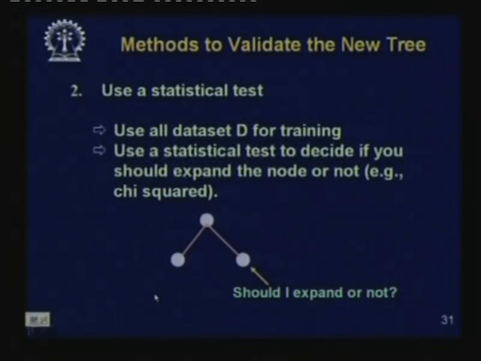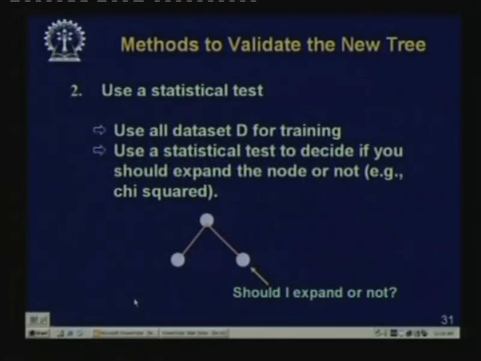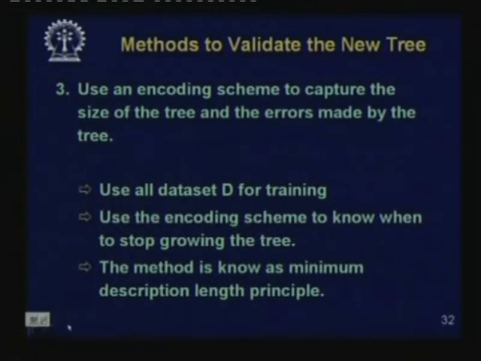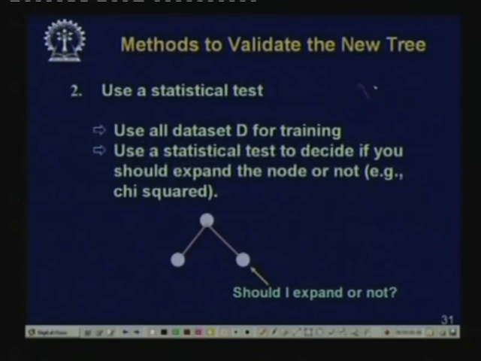The second method uses a statistical test and does not use a validation set. So, this method can be used even when you do not have enough data to keep aside a validation set. It usually uses a statistical test like the chi-square test. The chi-square test is an example of a statistical method that people use; there are other tests.